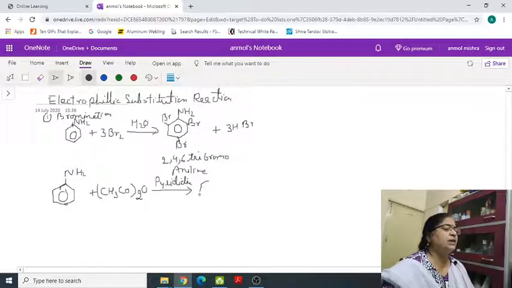Then the activity of the amino group is reduced. The activity of the amino group is reduced by acetylation.